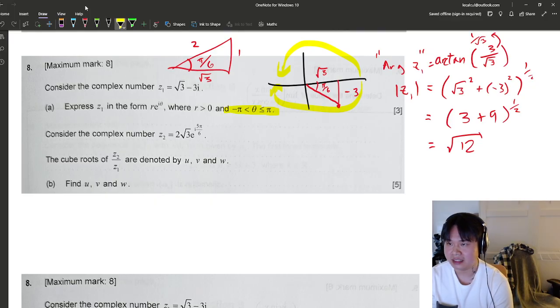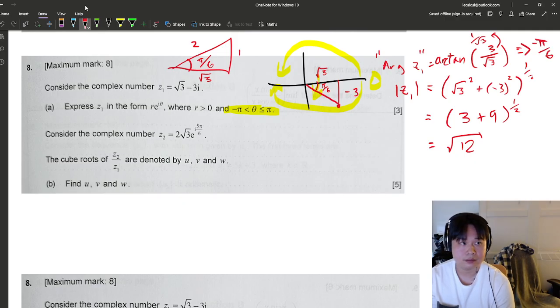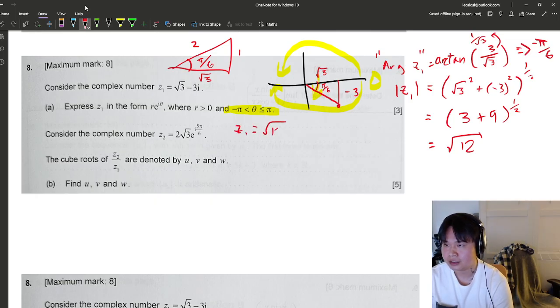So that means that this angle goes that way from 0. So our argument is actually negative pi over 6. Okay, so that means that Z1 in Euler form is root 12 e to the negative i pi over 6.